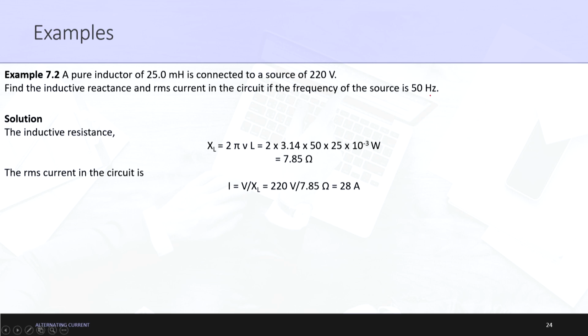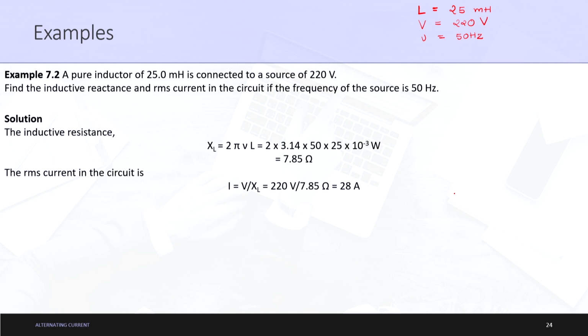So what is given to you? Let me write it first. Capital L is 25 millihenry, voltage capital V is 220 volts, and the frequency, f or nu, is 50 hertz.